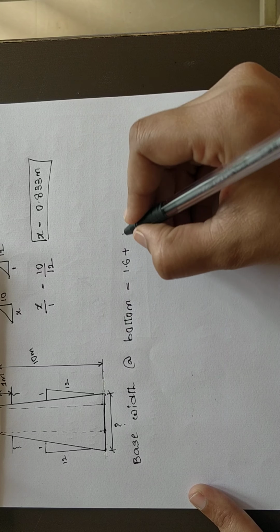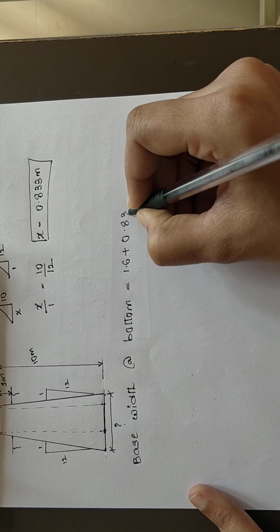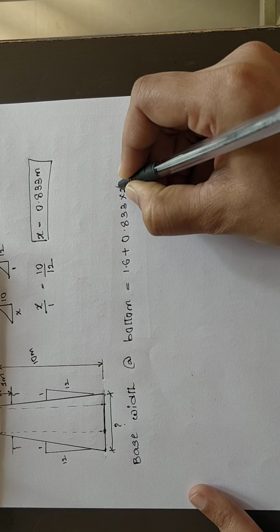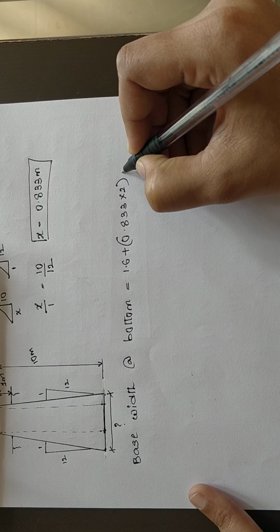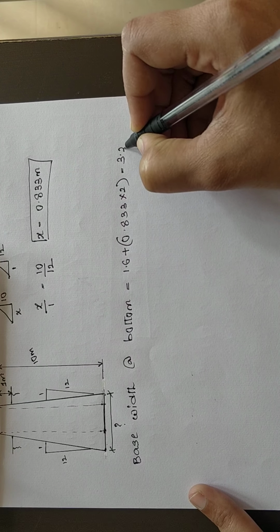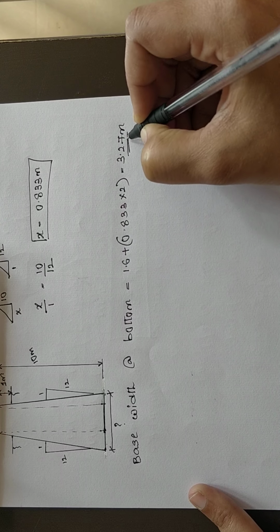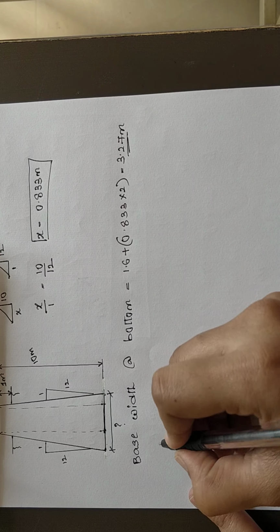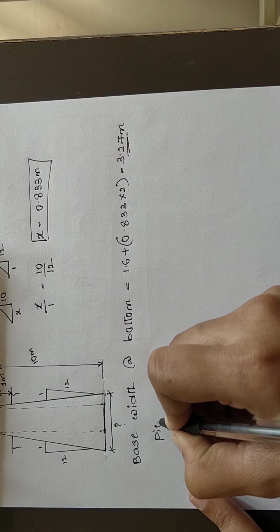You have calculated the x value 0.833 multiplied by 2. You will get the base width as 3.27 meter.